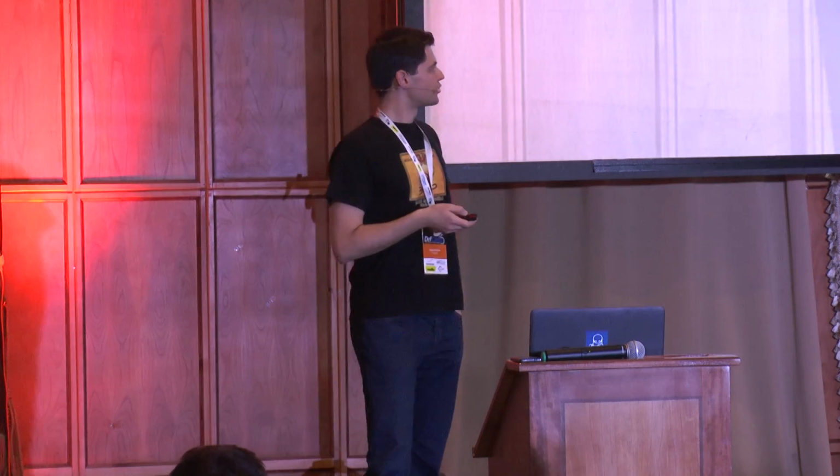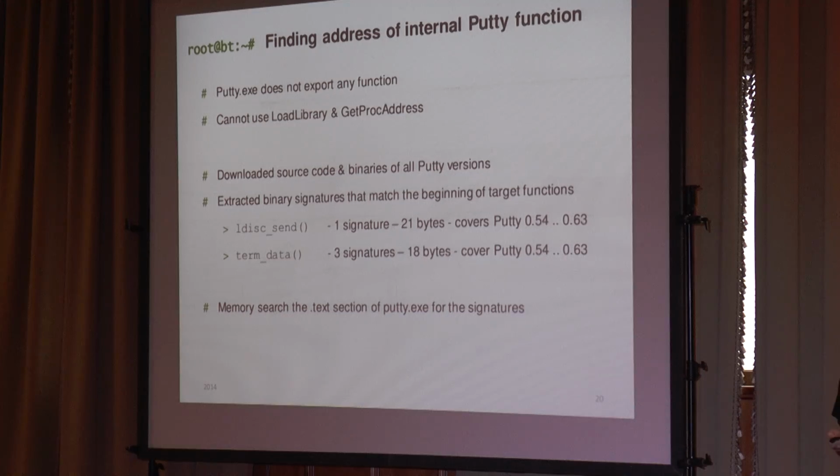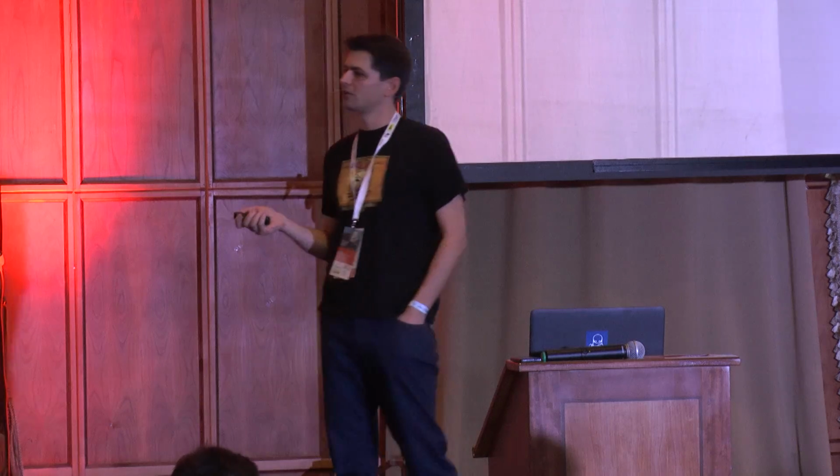The solution that I came up with was to download all the binaries of existing Putty versions. And then I managed to create binary signatures for the beginning of the two functions. For ldisk_send, I found 21 bytes, and if I search the memory of Putty.exe for these 21 bytes, I uniquely find the beginning of this function.